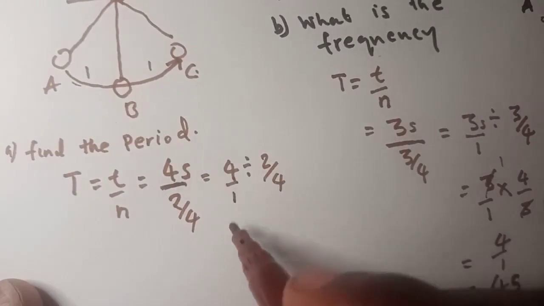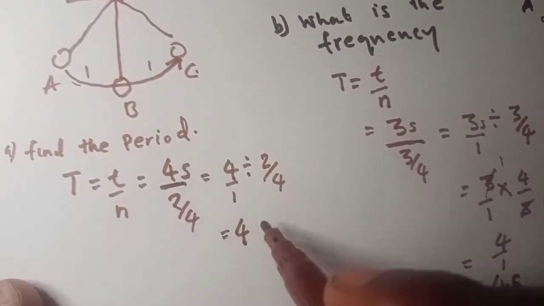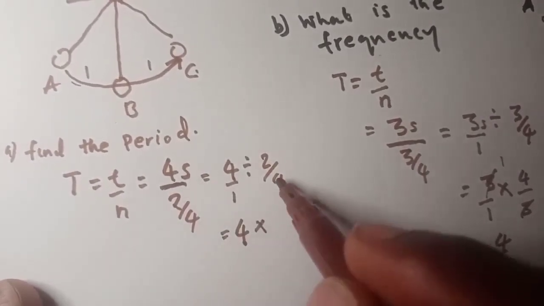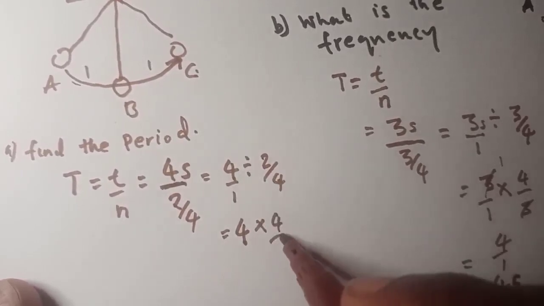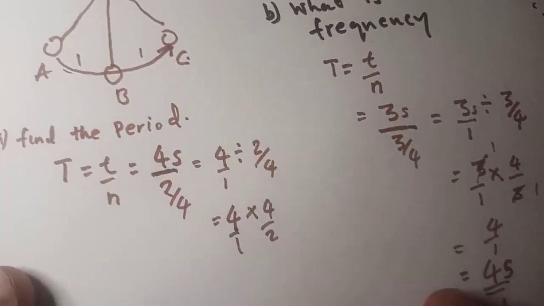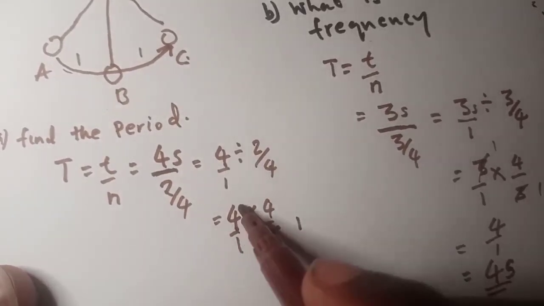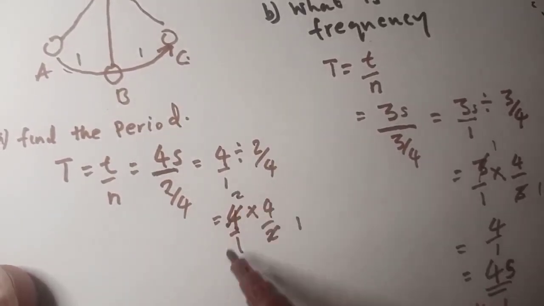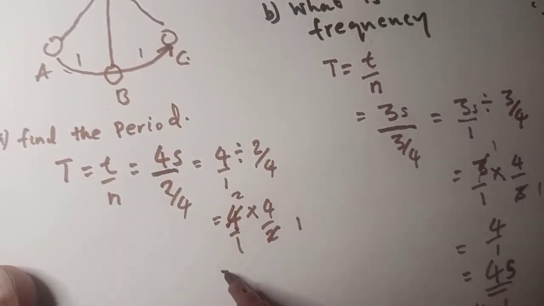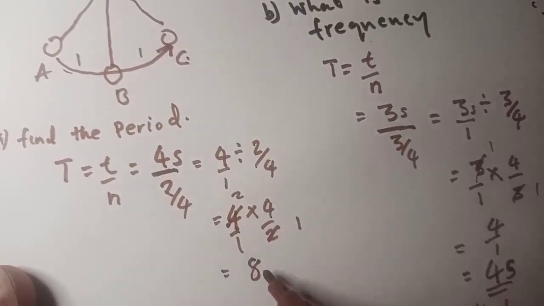Then we put this one over 1. This is going to be 4 multiplied by 4 over 2. These are just fractions. 2 into 4 is 2, 2 by 8. So our period is 8 seconds.